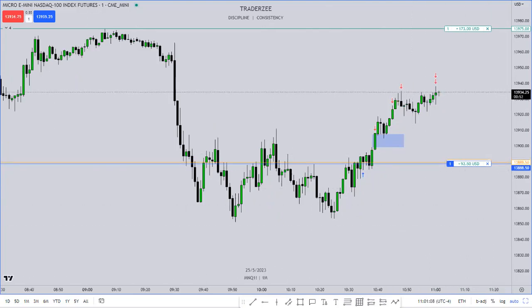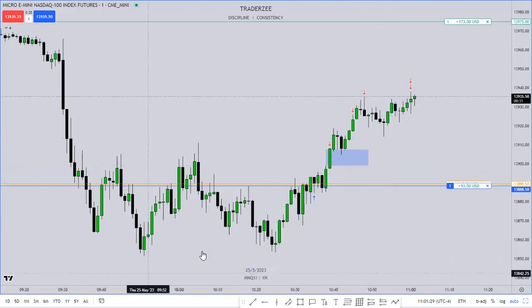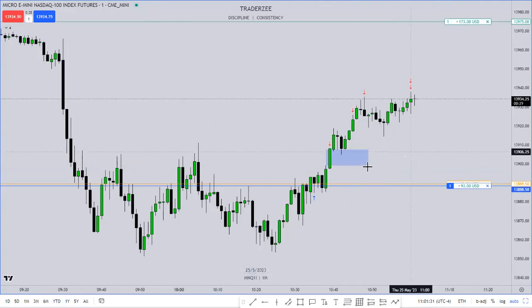Actually, at this stage, when I have one contract running, I actually close my charts. I mean, there's not enough equity on the line now. One is at break even, the other is like $173 in profit. There's not much equity on the line, so I actually don't care. And this is what taking partials does. It actually removes fear and greed. Even greed, yes.